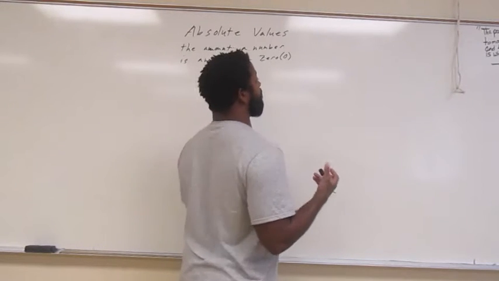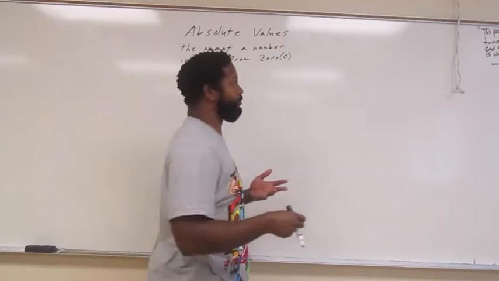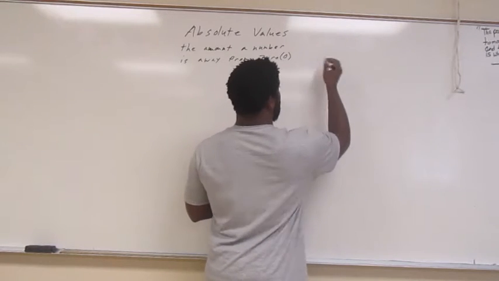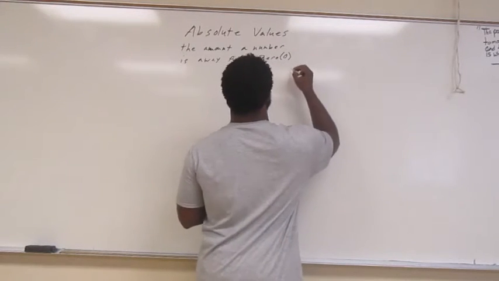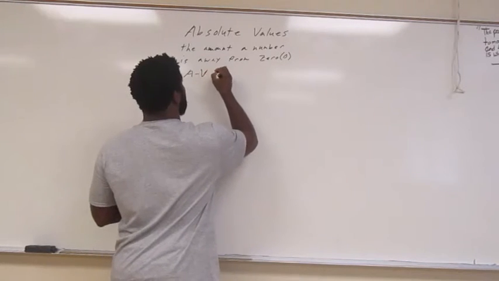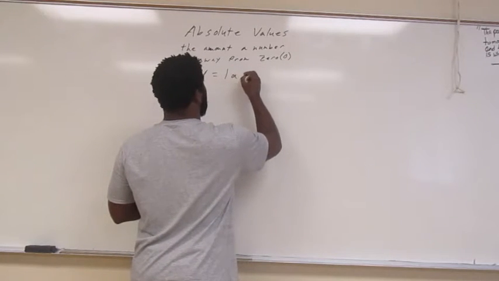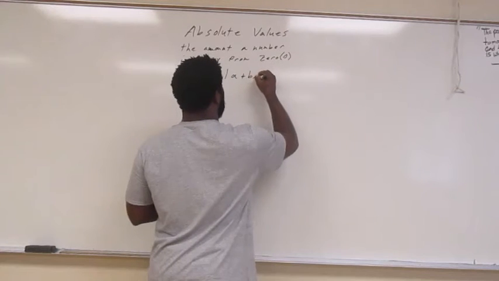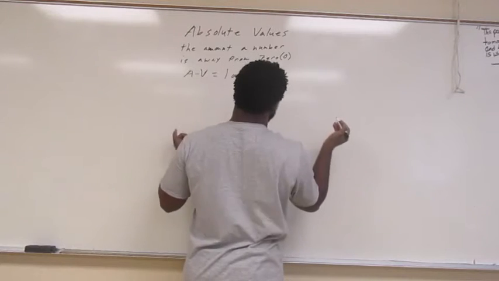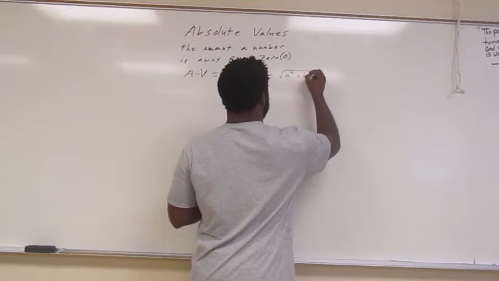The actual definition of an absolute value in terms of numbers and letters and abstract algebra is, this is what it is: the absolute value of A plus BI is equal to the square root of A squared plus B squared.